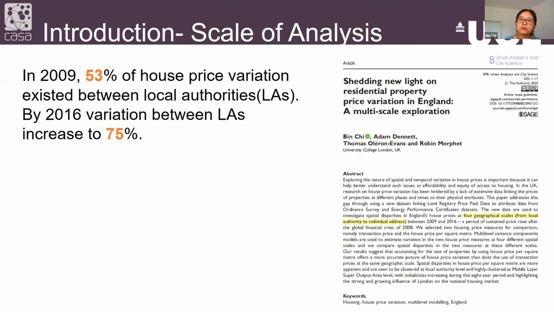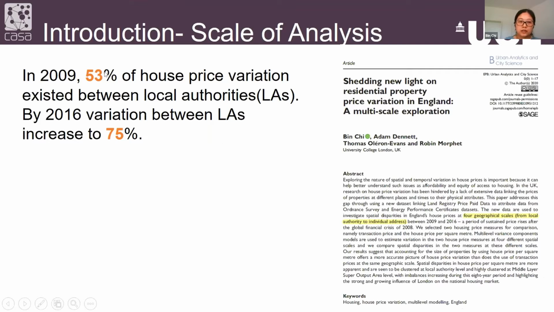As geographers, we know how much scale matters when we conduct analysis. There are 2 reasons why I chose local authority as the analysis scale. The first is that I explored house price per square meter variation in England at 4 geography scales, from local authority to individual levels. The result shows that house price per square meter is clustered at the local authority level between 2009 and 2016.